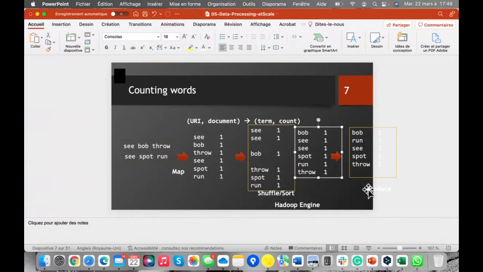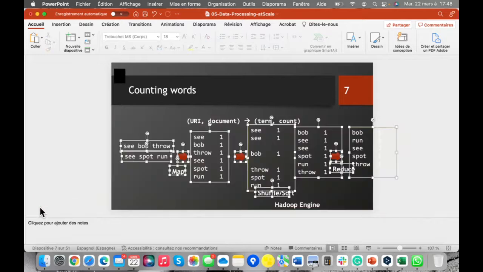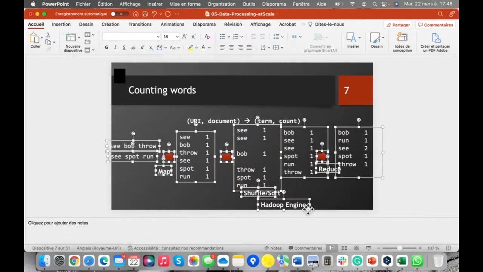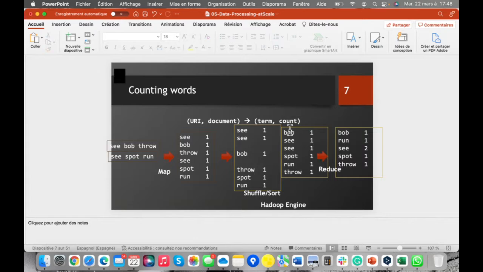And so this is the input for reduce, and then reduce processes this and produces output. It goes with the first, and so it produces this. Then there are no other Bobs, so it has finished with this.